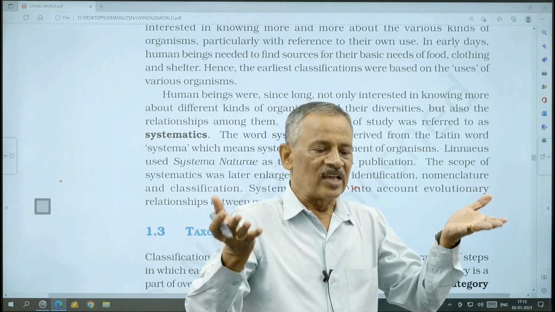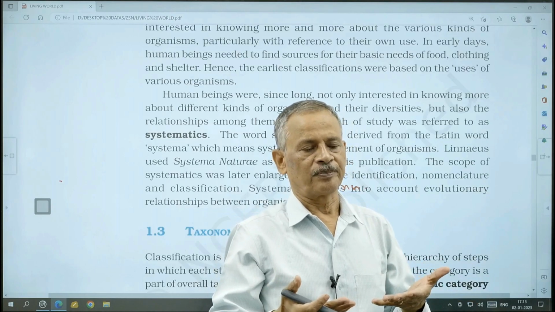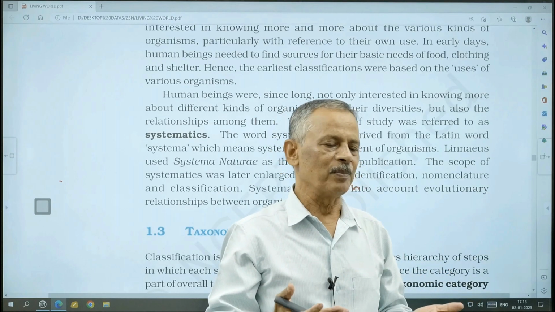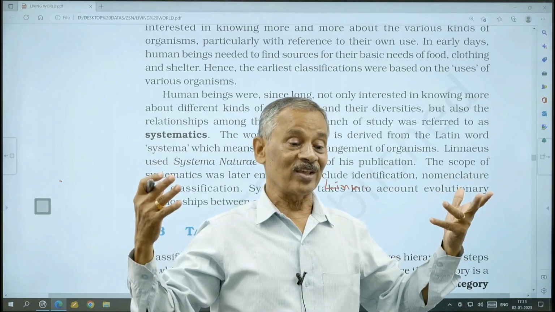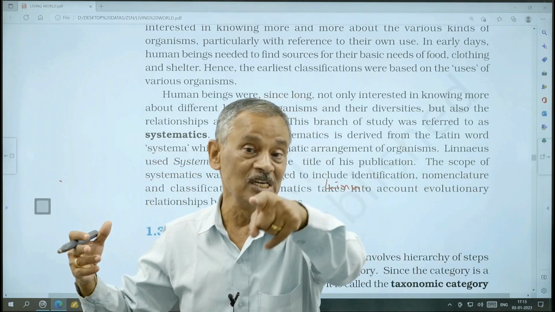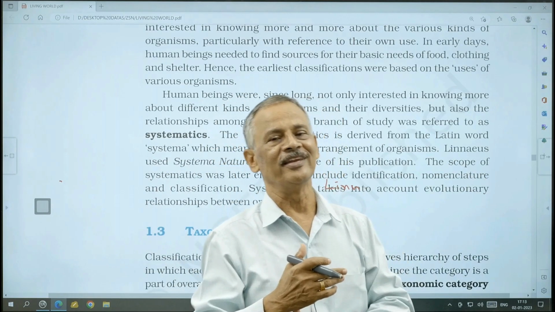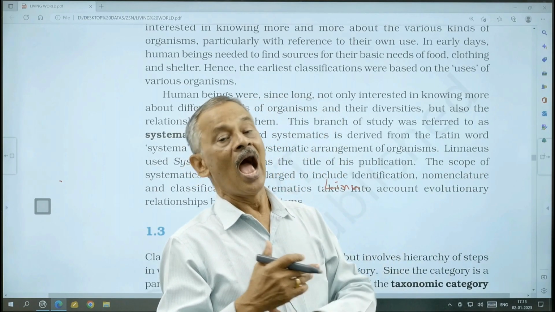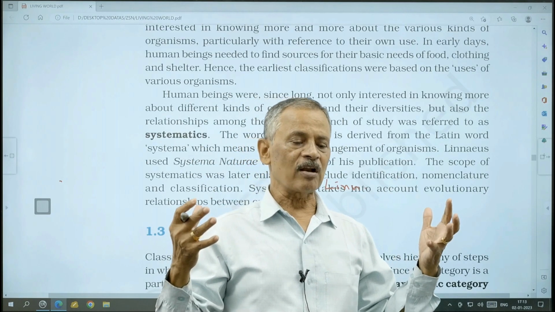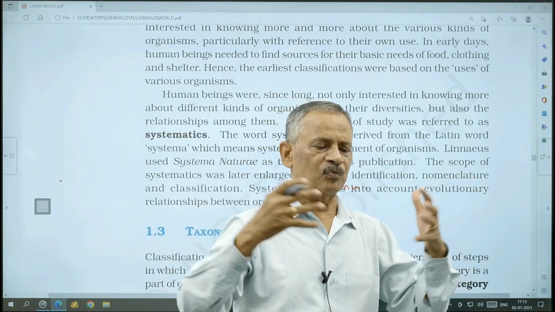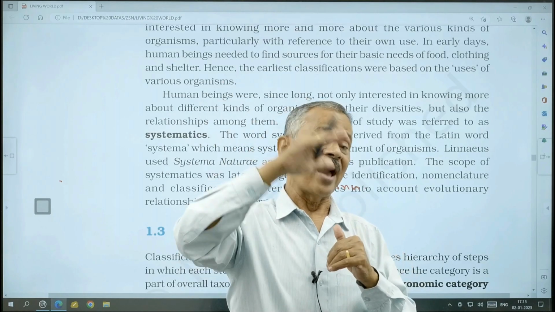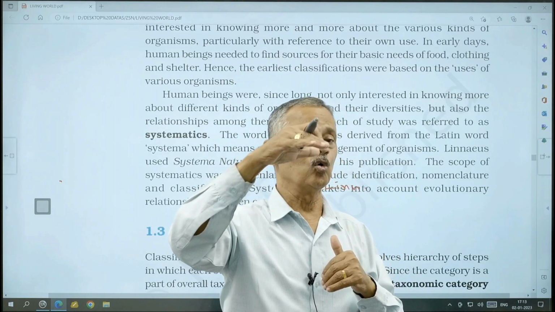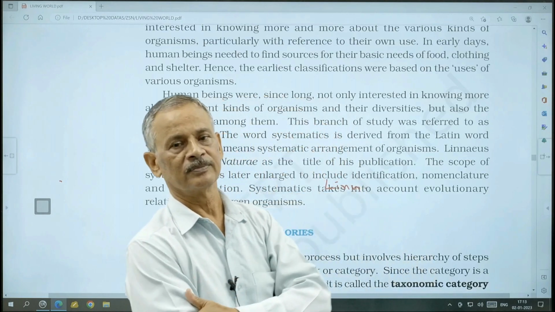Species is at the lowest level, in which all members are identical. There are 1.7 to 1.8 million species which we have studied and recorded. Among them, those which share a number of identical features are put under yet another larger group called genus.